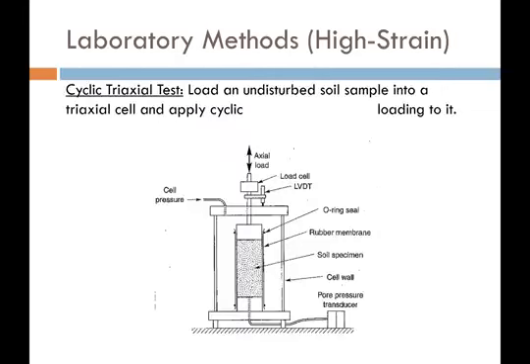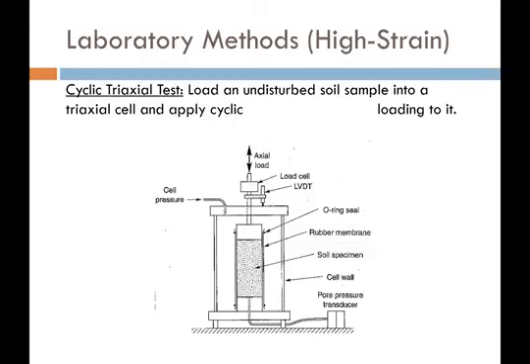So a couple of the high-strain laboratory methods. You've learned a little bit about the triaxial test in my undergraduate elementary soil mechanics class. Now, take that same triaxial test and just imagine this little box being on the ram. This little box is a load cell that has the ability to load cyclically.